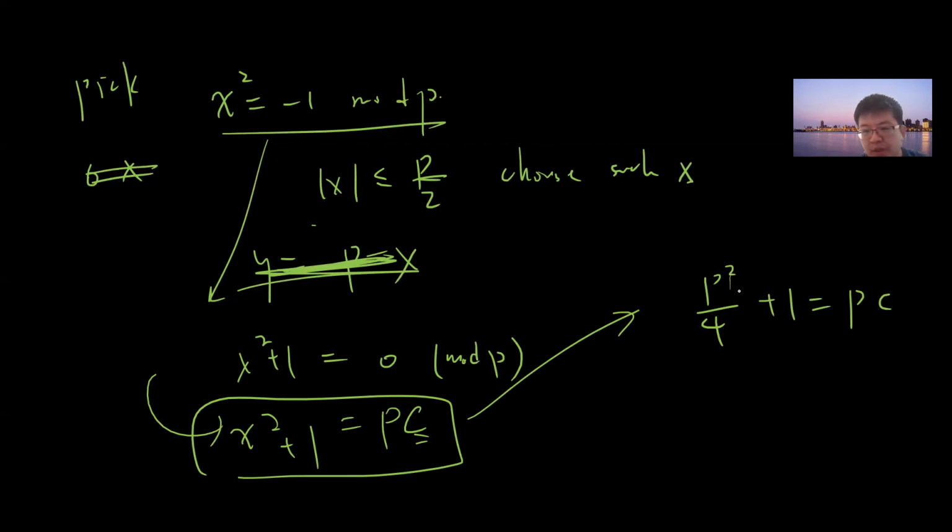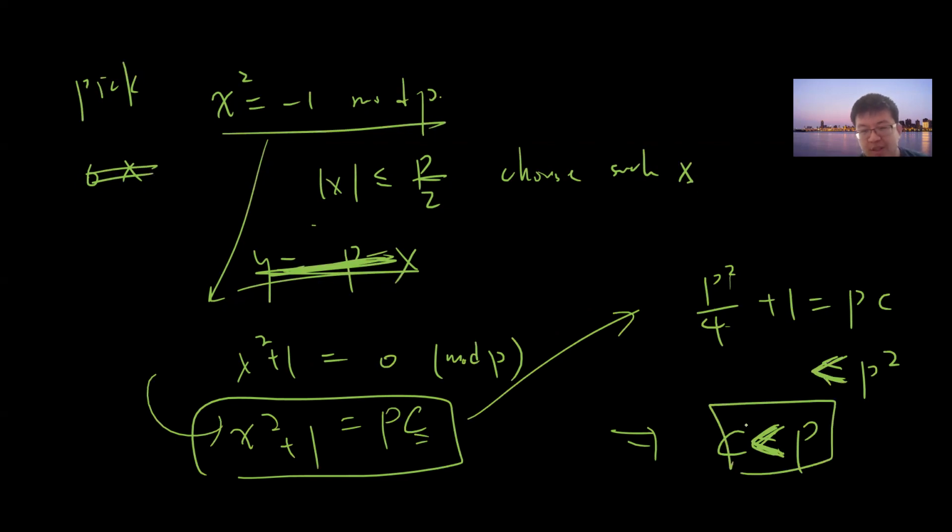But P squared divided by 4 plus 1 is less than P squared. So c is strictly less than P. Okay, so c must be prime to P.